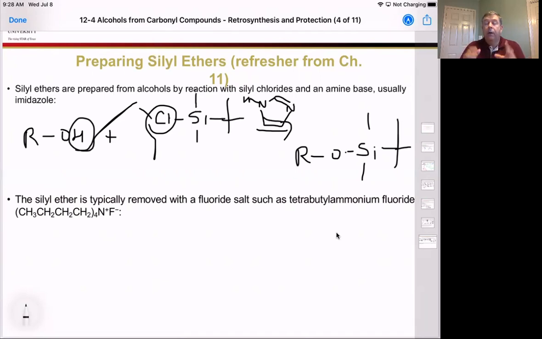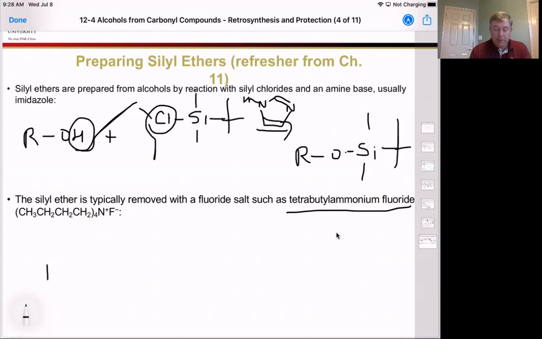Okay. Now, one of the susceptibilities of this silyl ether is the fact that the silicon-fluorine bond is a very strong bond. And so we actually end up removing these silyl ethers using a fluoride ion, such as tetrabutylammonium fluoride. Okay.